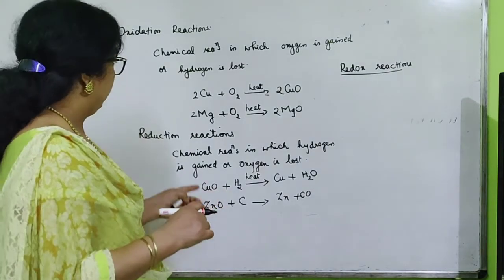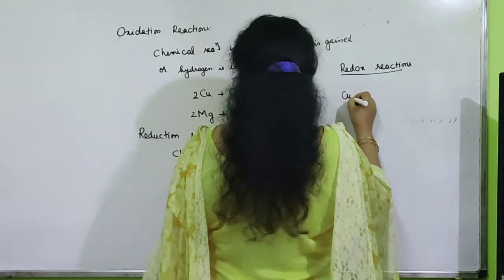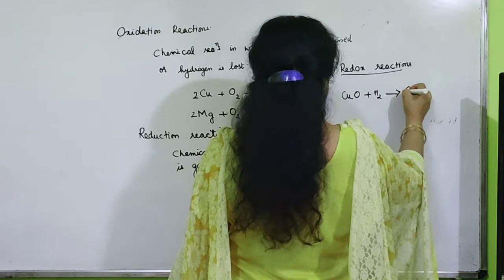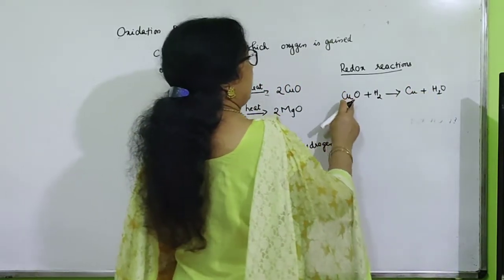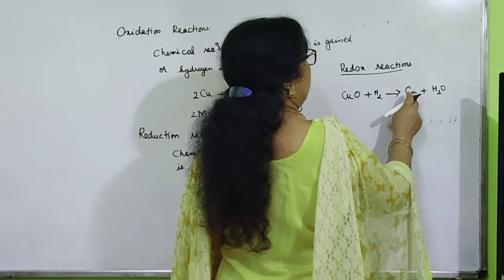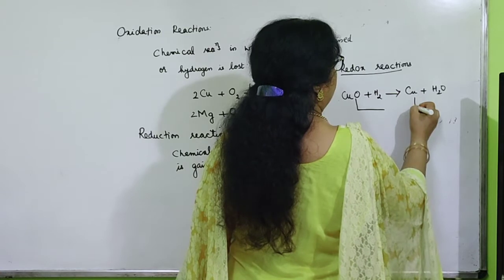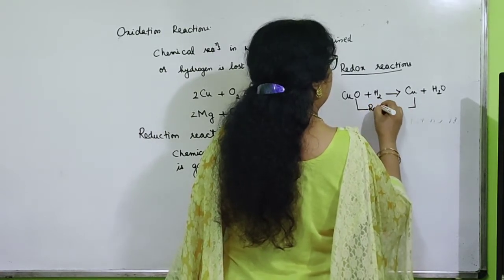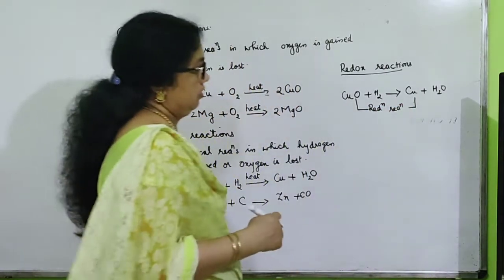For example, copper oxide plus H2 gives Cu plus H2O. Here look, from copper oxide, oxygen is removed and it became copper. So this is a reduction reaction.